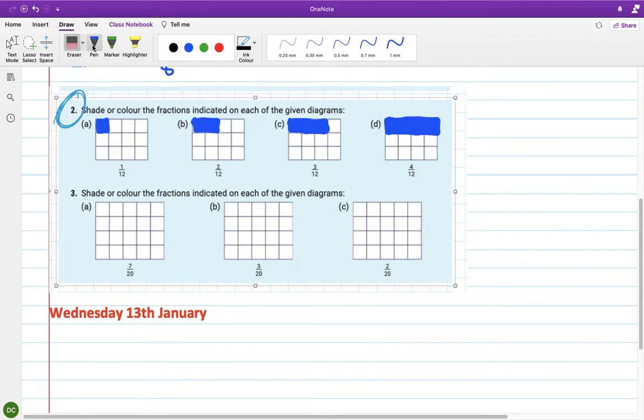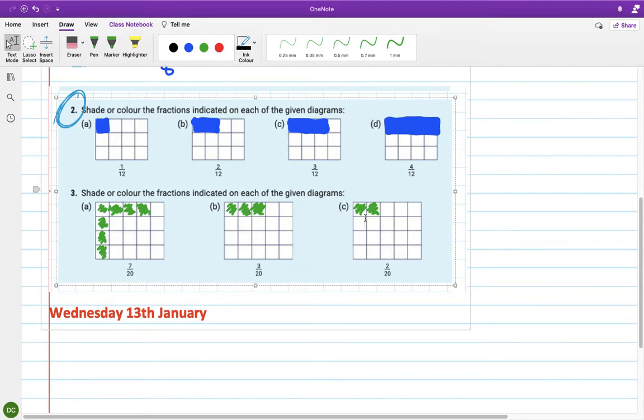I'm just going to do it a little bit less. So 1, 2, 3, 4, 5, 6, 7. 3 20ths, 1, 2, 3, and 2 20ths, 1, 2.